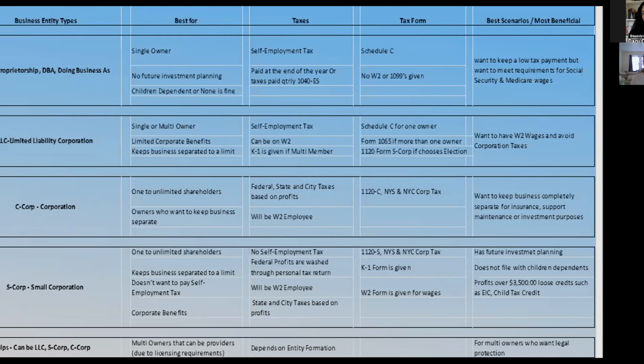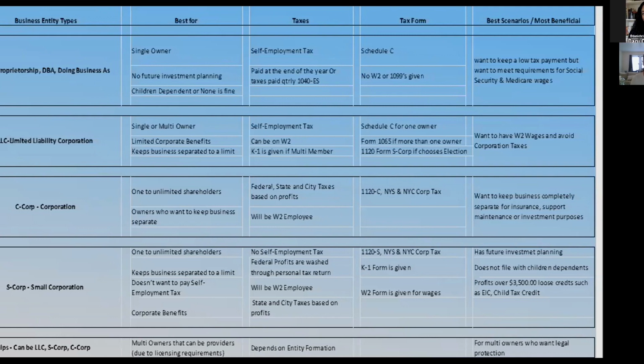And that's good for someone who really is not interested in any future planning, and someone who is okay with just keeping things as they go. And for taxes, that is basically self-employment tax.